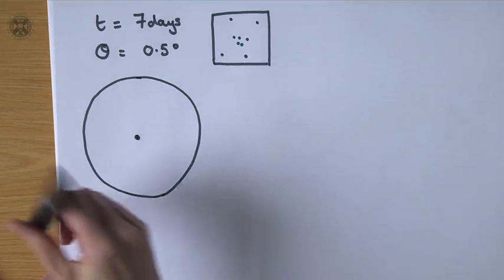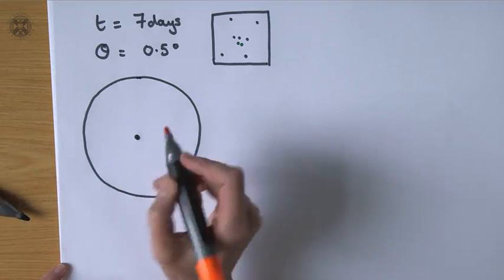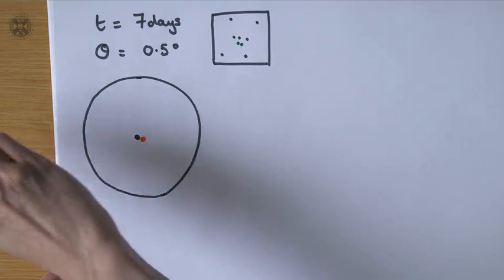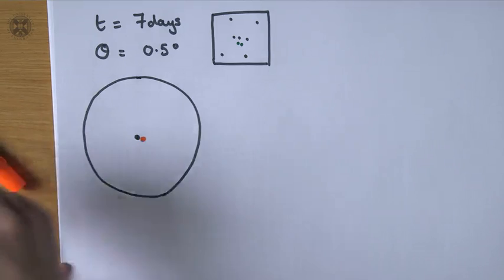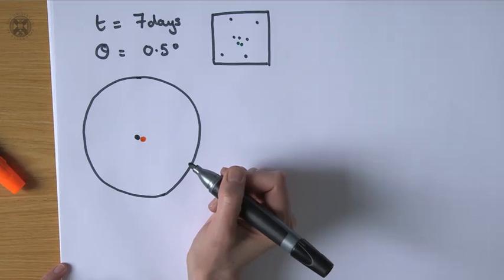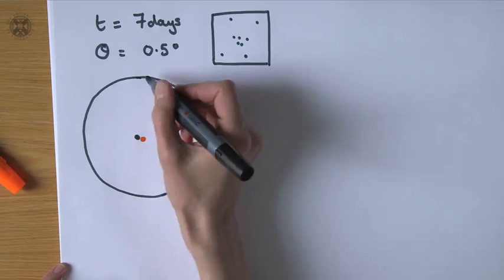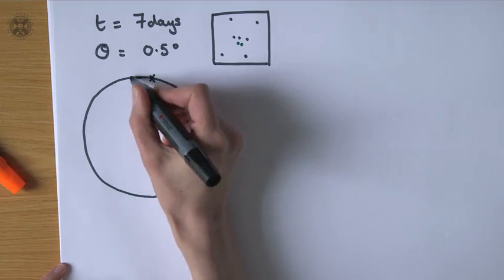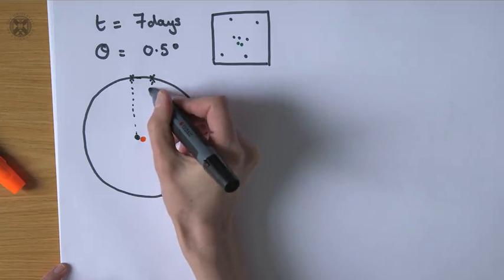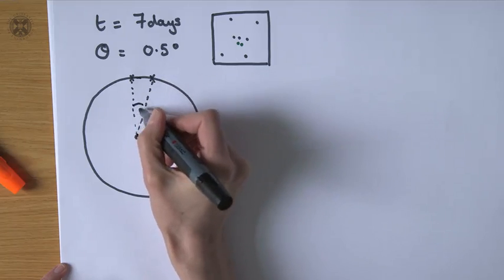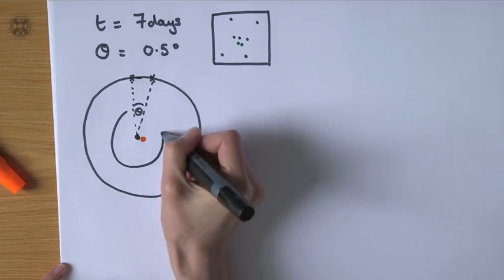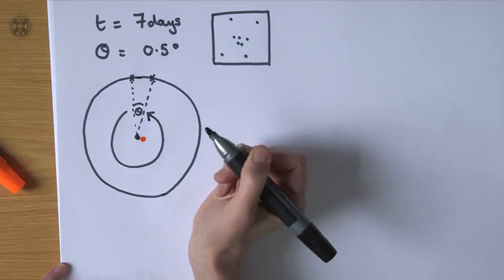And I'm also going to assume that it's sufficiently far away that I can ignore the fact that the Earth's going around the Sun and just think that the Earth and the Sun are at the centre of this diagram. Okay, so in 7 days it's moved 1/2 degree on the sky, and I'm exaggerating that on this diagram just for you to see it. How long is it going to take to complete a full orbit all the way around?